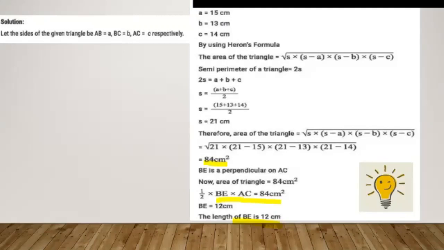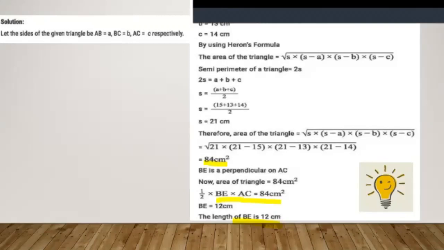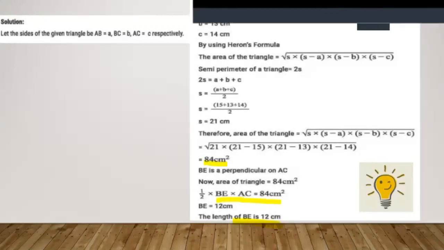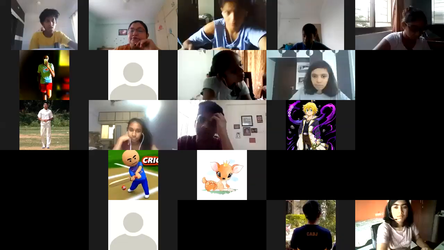Shall I proceed to the next question? Ma'am, we can't even see the screen. It's just a blank screen. Wait.